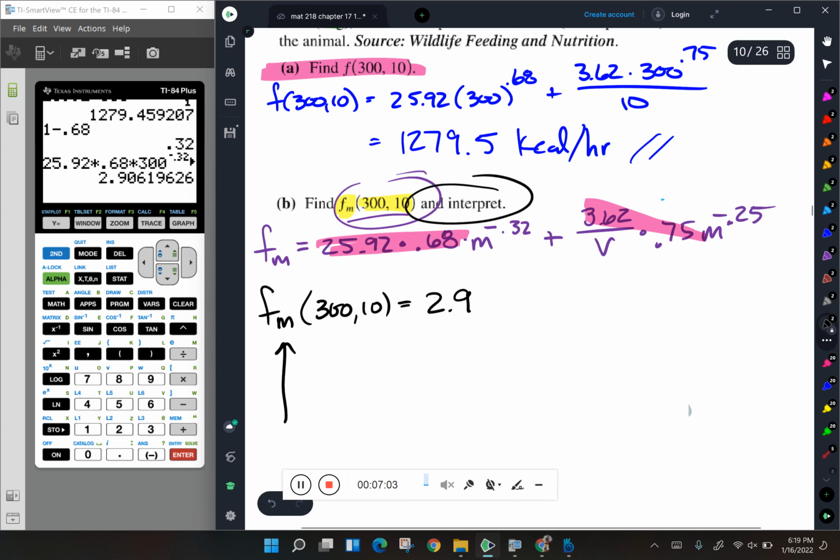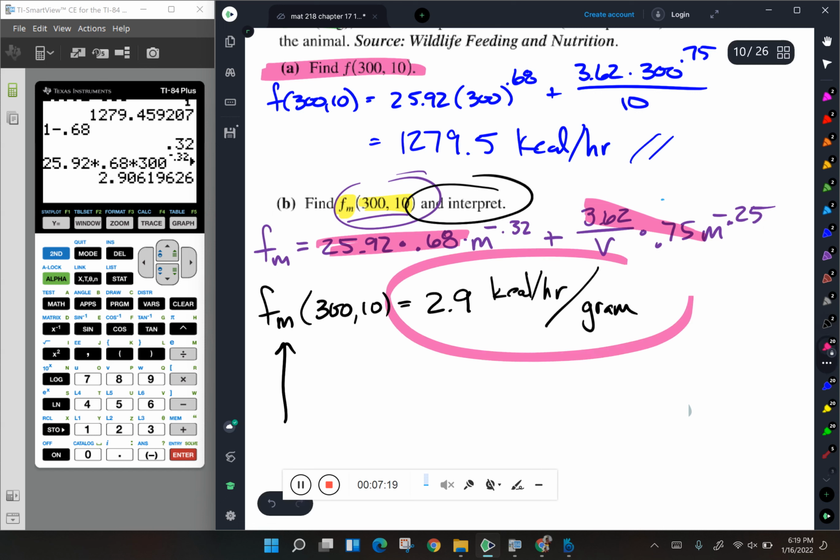So this is going to be kcal per hour per, and since m is what's changing, per gram. So what does that mean? Well, what this is simply saying right here is that the kilocalories per hour is going up because that's positive at 2.9 kilocalories per hour.